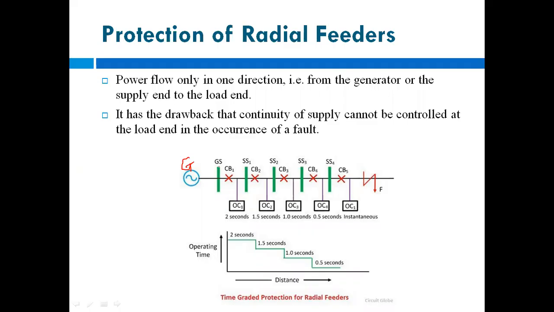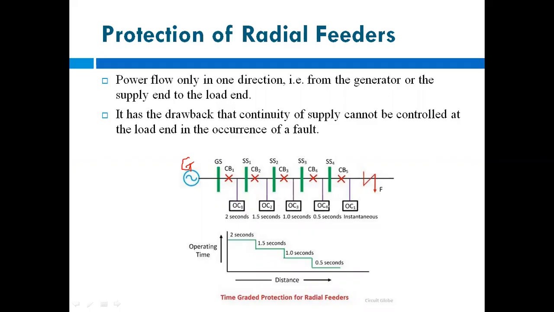Then this is the supply system. These different systems are given, that is SS1 to SS4. These all four are the supply systems here, and these all are the CBs, circuit breakers, which are used for the protection purpose.